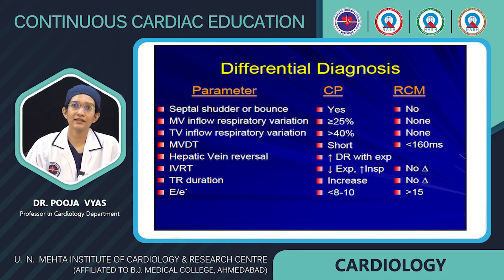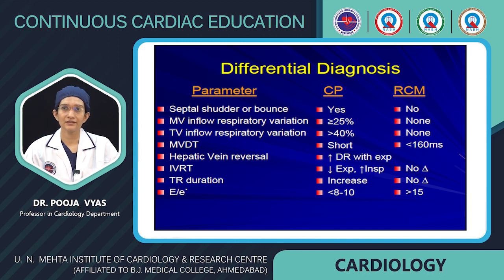The deceleration time is short, and it is reduced in RCMP. Then the TR duration will be increased in constrictive pericarditis. And if we take RVSP, it is not mentioned in this slide, but RVSP is typically increased in most cases of restrictive cardiomyopathy, while it will be normal in constrictive pericarditis.